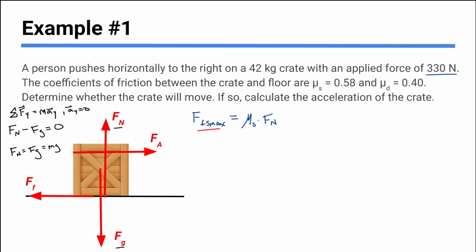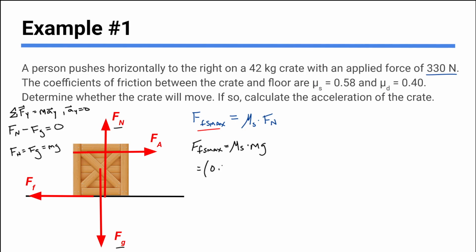So the normal force is m times g, so let's substitute that into my equation, because what I'm trying to do is find the maximum force of static friction just to see if it'll move. So I'm going to do the static friction coefficient times mg, because we just found the normal force is mg. Now we're good. I know m is 42 kilograms and g is in the front of my data booklet, so I'm going to plug those in.